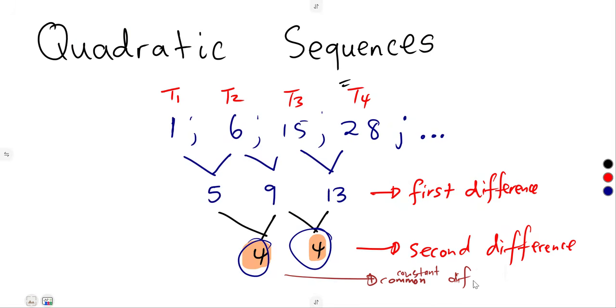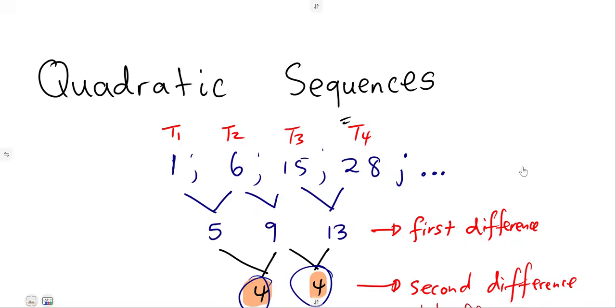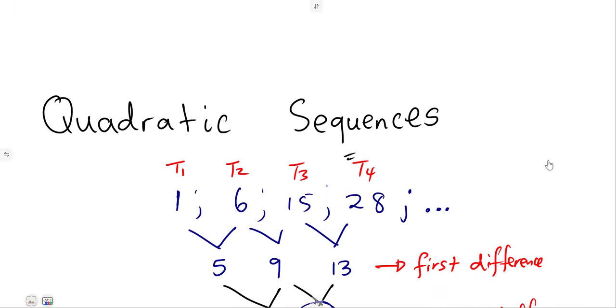All right? So knowing this, guys, is very, very important. In short, we can say that for a quadratic sequence, we have the second difference, which is common. That is how we can put this into conclusion.